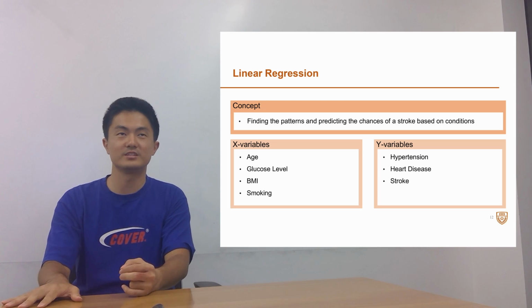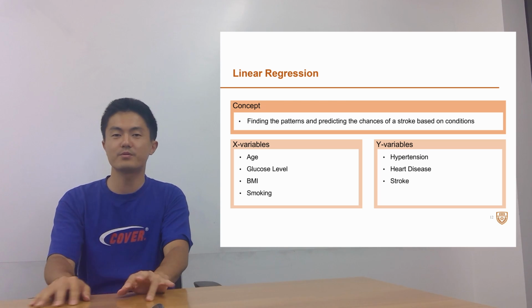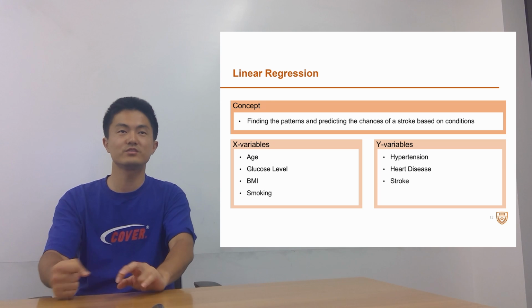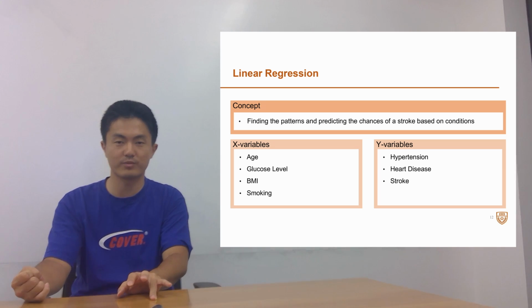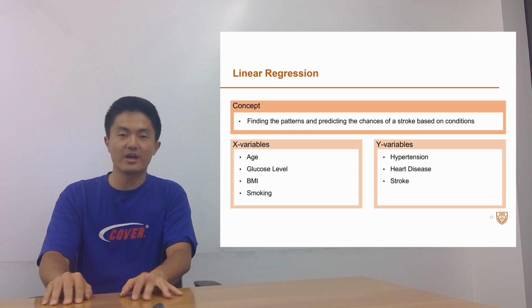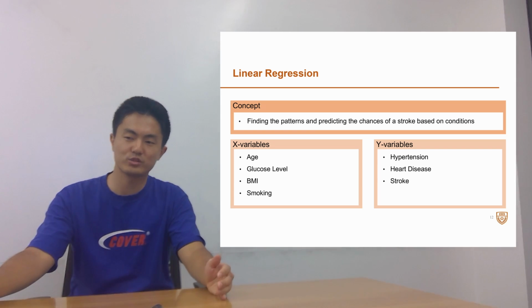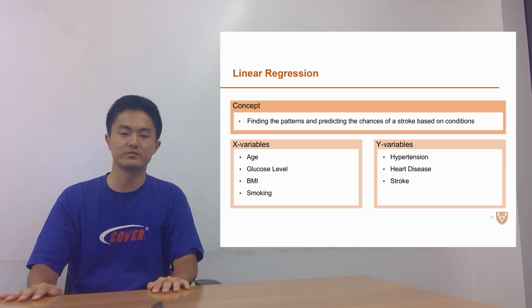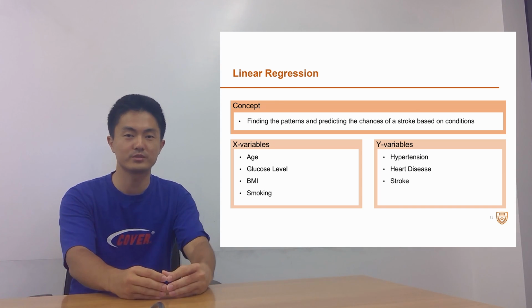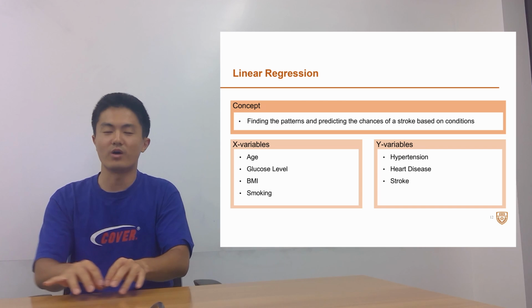The next step is linear regression. The purpose of linear regression is to find a known pattern and predict the chance of stroke based on some conditions. There are several attributes, and we divided them into two kinds of variables: x variables and y variables.